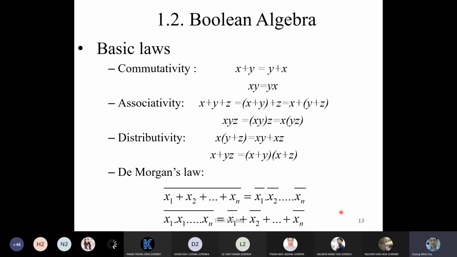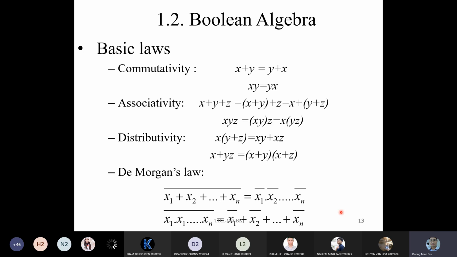Or in other words, we can replace two variables with each other, changing their positions in the logical function with the conjunction and disjunction operations.